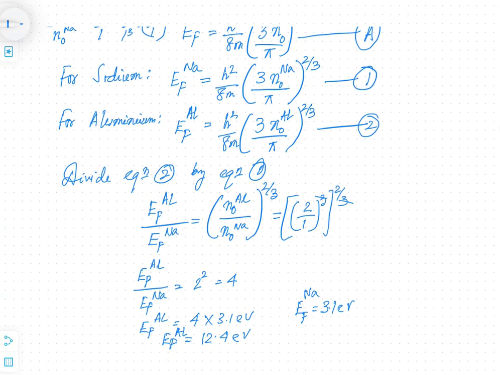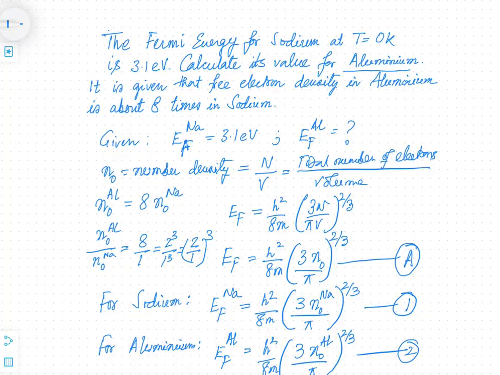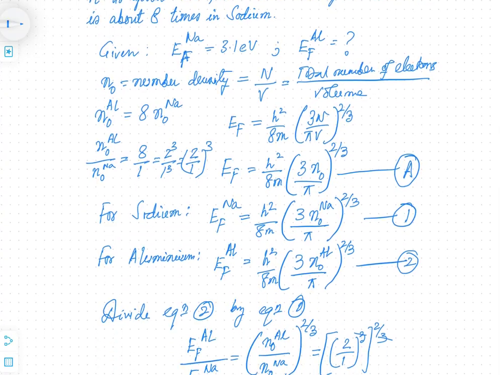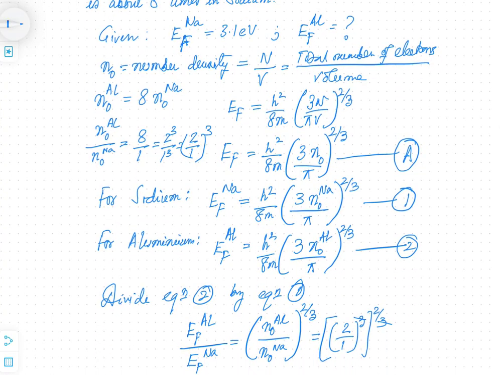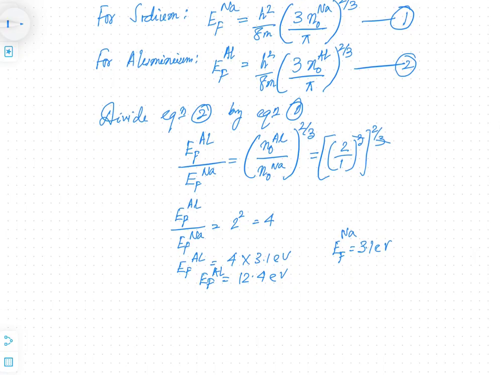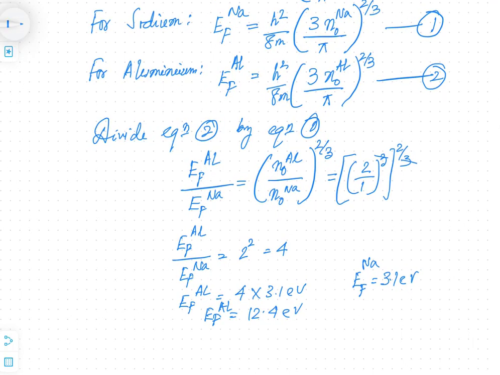So we were asked to calculate the Fermi energy of aluminium. The Fermi energy of sodium was given, and the relation between number density of aluminium and sodium was given, which is about 8 times. We use the relation between Fermi energy and number density, apply this theory to two different elements, sodium and aluminium, and after calculation we arrive at the value of Fermi energy of aluminium as 12.4 electron volt.